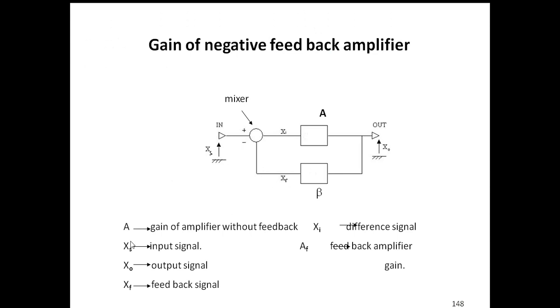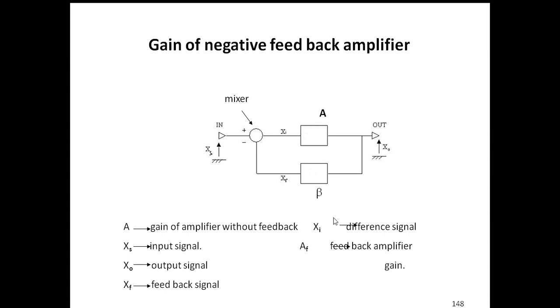Here these terms are described. A is the gain of the amplifier without feedback. Xs is the input signal, Xo is the output signal, and Xf is the feedback signal.